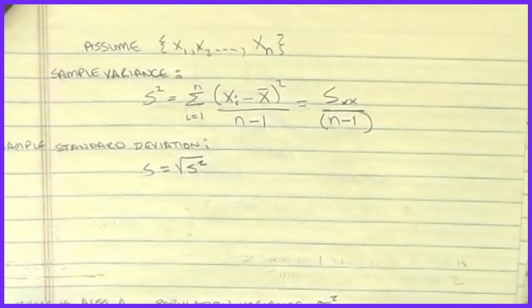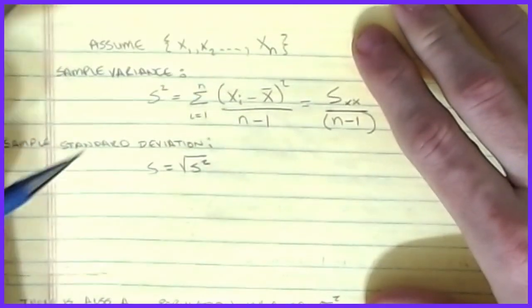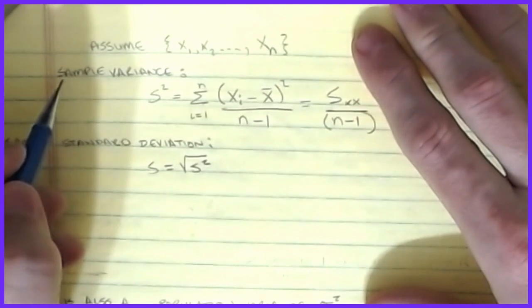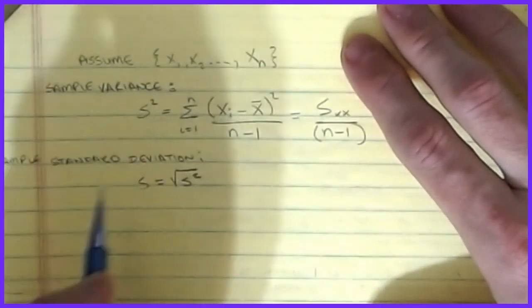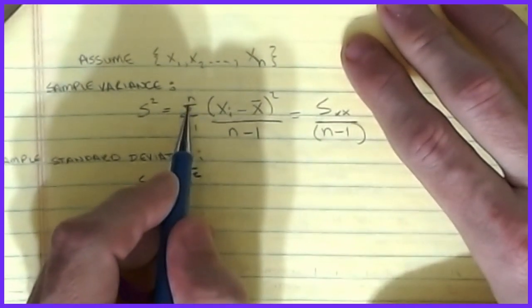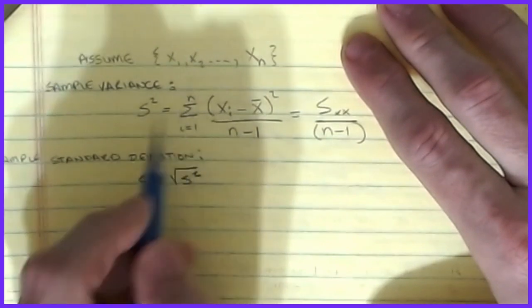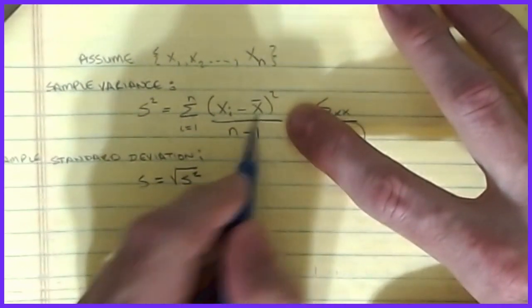Okay, so here's what we're going to do. We're going to assume a data set that goes x1, x2, all the way up to xn. We're going to define something called the sample variance, and they define that as s squared, and it's the sum from i equals 1 to n of each of my data points minus the average value.